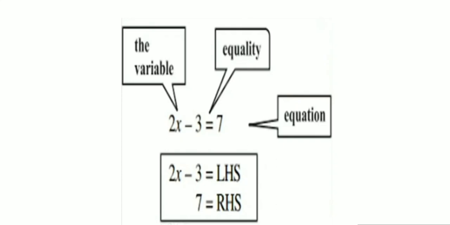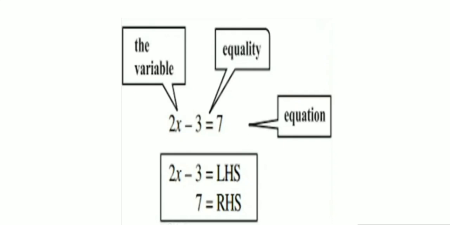So an equation will have constants, will have a variable, will have an equals to sign, and will have a left hand side and right hand side. So the value of the variable should satisfy left hand side and right hand side.